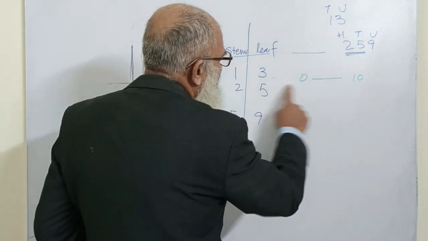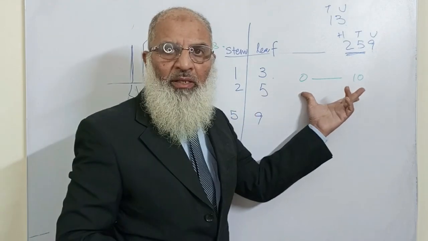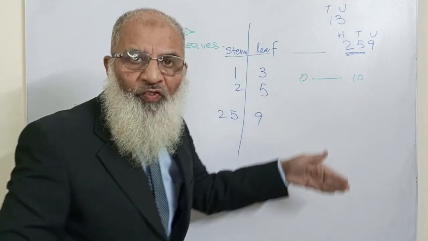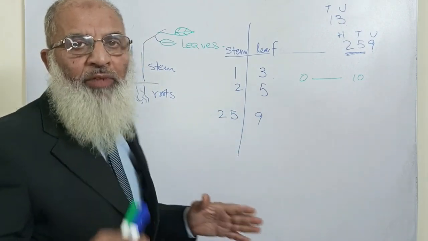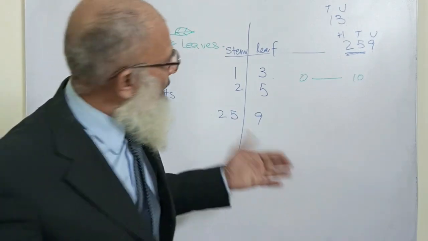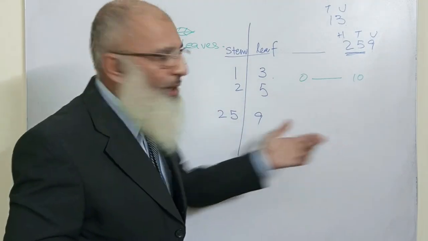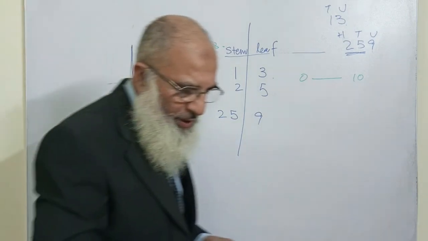And if you want to break up this data into 5 stems, you can do it, or you can even do it in 2 or 3 or 5. You can split this data into 5 stems. I'll show you the example.